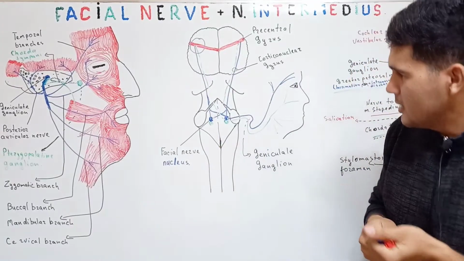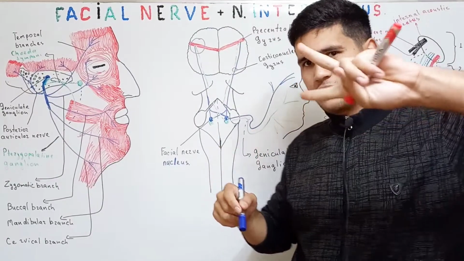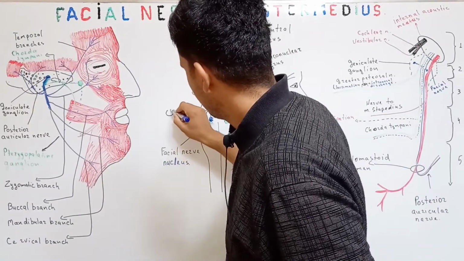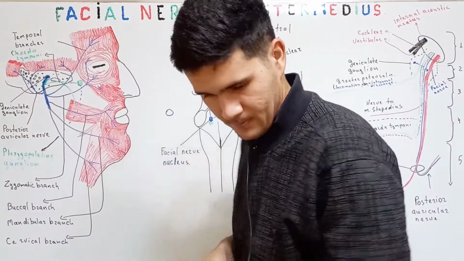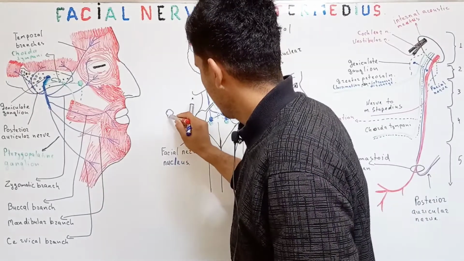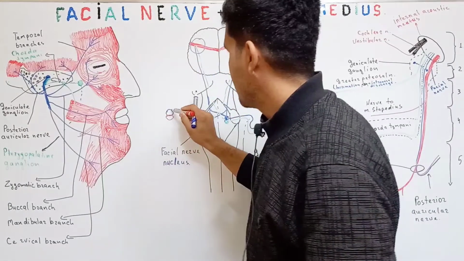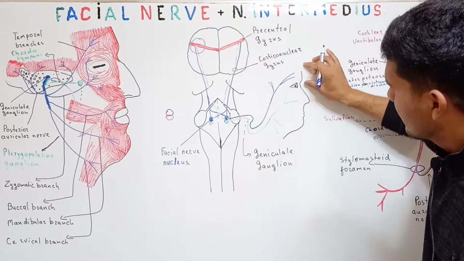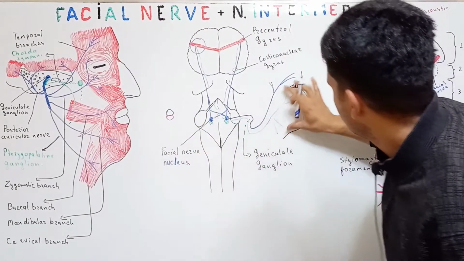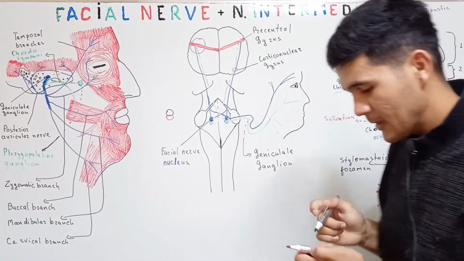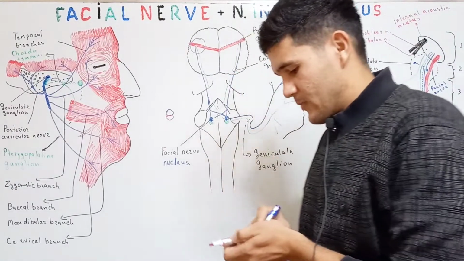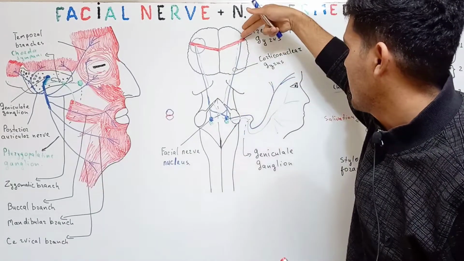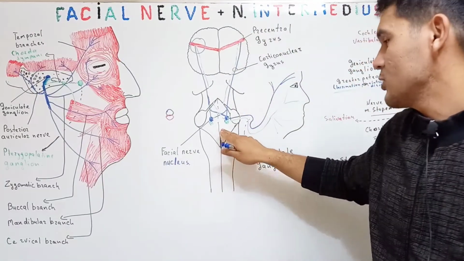And the facial nucleus has two parts: the upper part and the lower part. Okay, the upper part is responsible for innervating this part of the face, and the lower part is responsible for innervating these parts of the face.